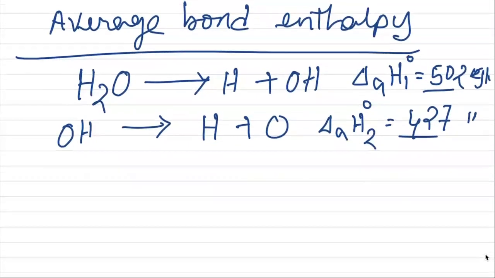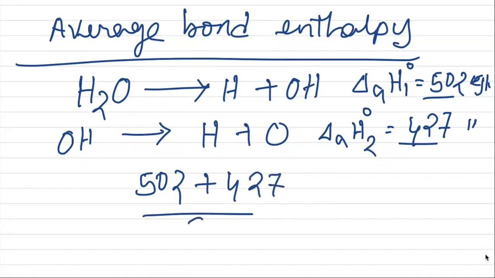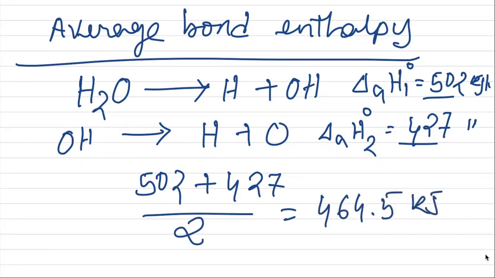Now we have to calculate the average bond enthalpy. So average bond enthalpy will be 502 plus 427 divided by 2, that is 464.5 kilojoule per mole.